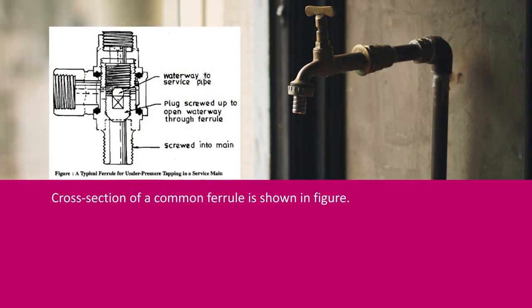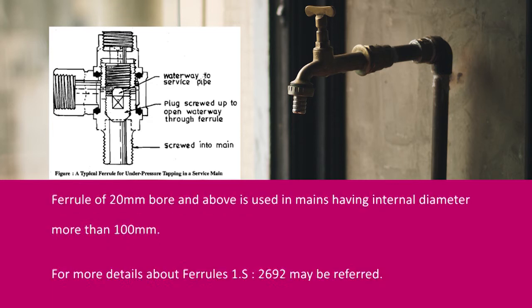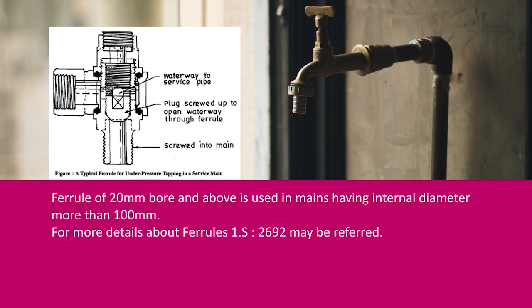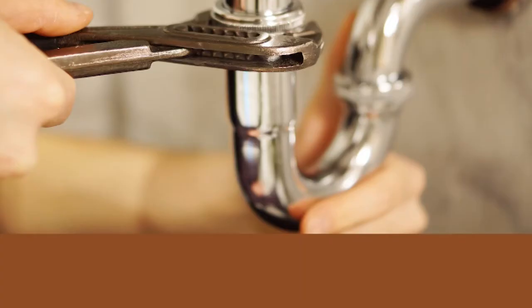Cross section of a common ferrule is shown in the figure below. The ferrule has a bore not more than 25 mm. Ferrule of 20 mm bore and above is used in mains having internal diameter more than 100 mm. For more details about these ferrules, we can refer to IS 2692.